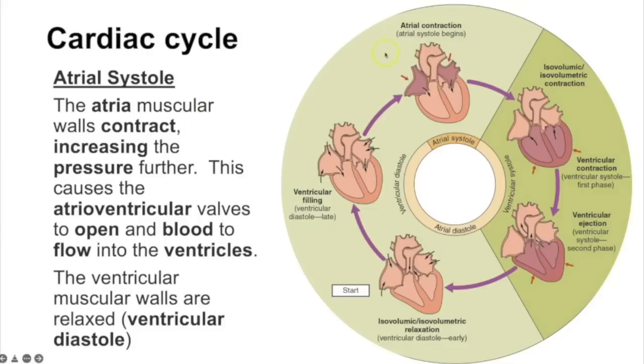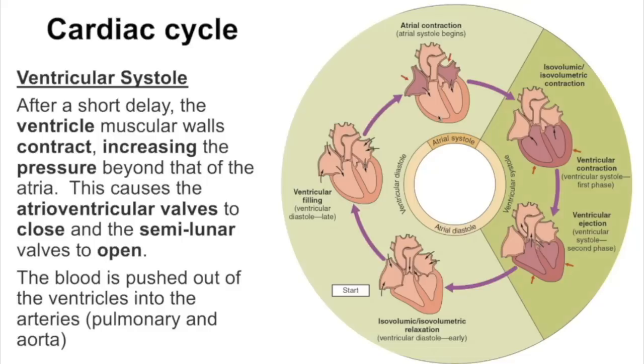And because we now have this high pressure, that causes the atrioventricular valves to open, and blood moves from the atria into the ventricles. And at this stage, the ventricle muscles are relaxed. We have ventricular diastole. The last stage then we have is ventricular systole, which is when the ventricle muscles contract.